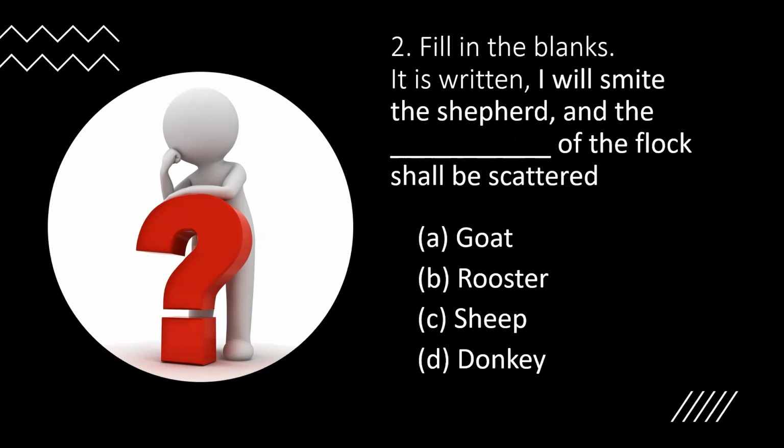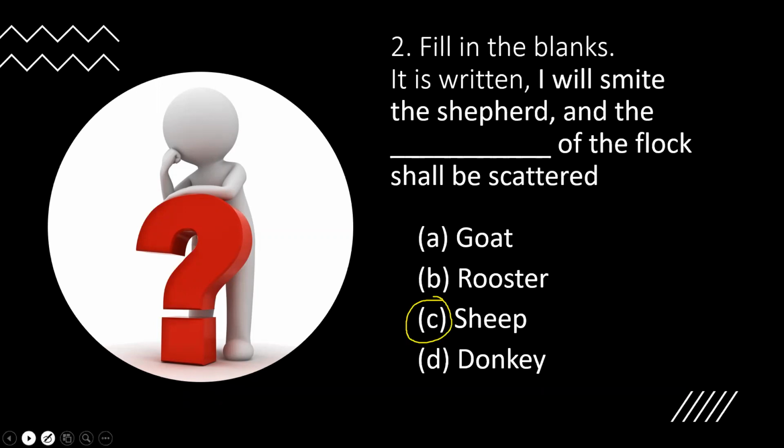Demarion, what do you think the answer is? C. It is definitely C. The sheep of the flock will be scattered.